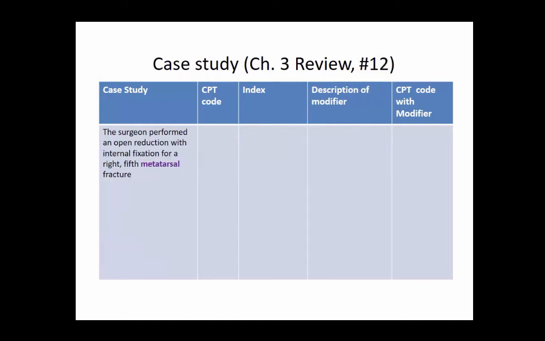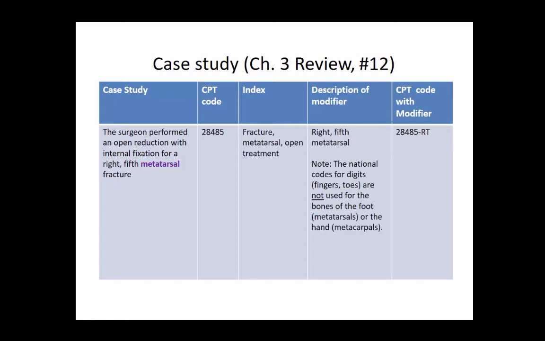Number 12, the surgeon performed an open reduction with internal fixation for a right fifth metatarsal fracture. I have bolded the word metatarsal with purple to make sure that you see that. The fracture, metatarsal, open treatment is how you would look at it in the CPT book.